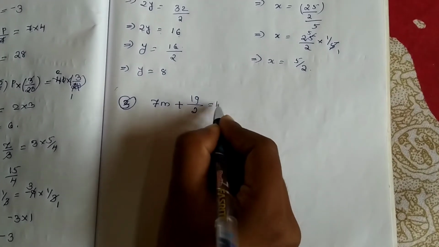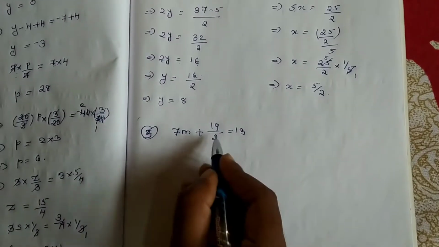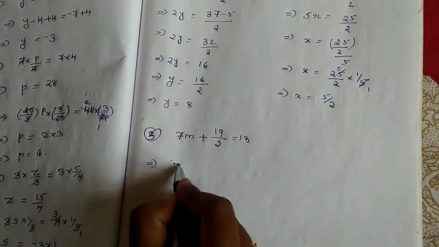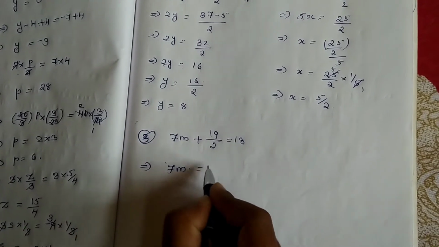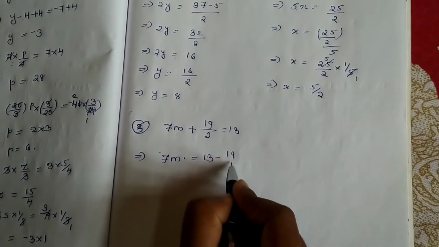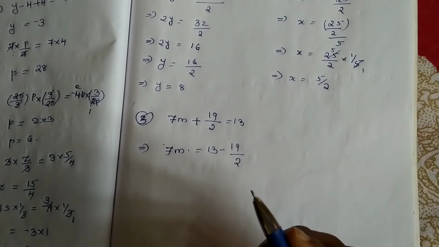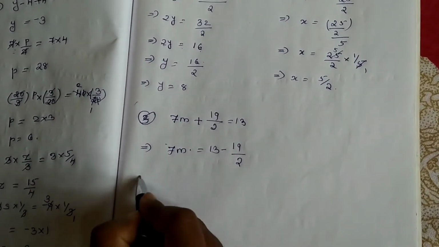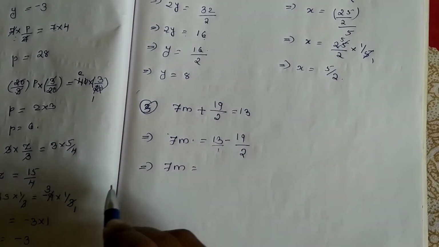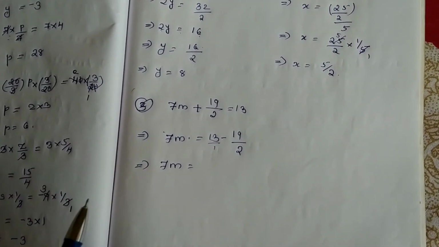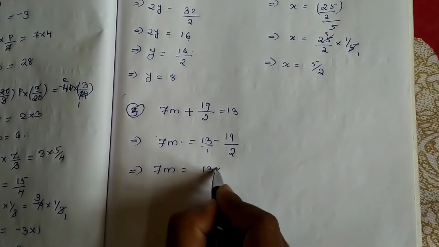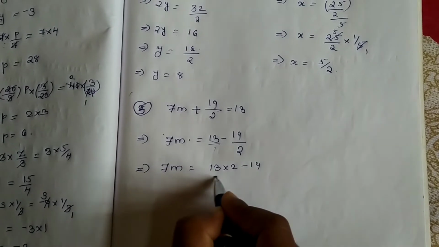Next, 7m plus 19 by 2 is equal to 13. So here two terms are there, and I am taking the first term to move. 7m is equal to 13. Here it is addition, so it comes to subtraction, 19 by 2. Here 7m is equal to, the denominator of 13 is 1, so we are going to cross multiply here. 13 into 2 minus 19 by 2.